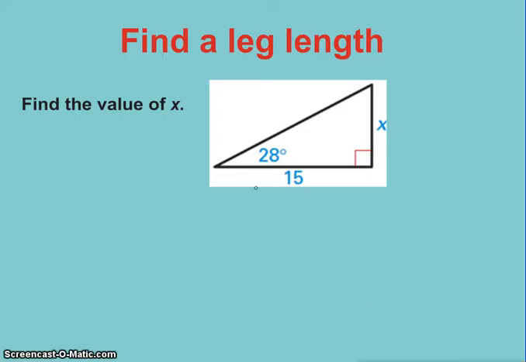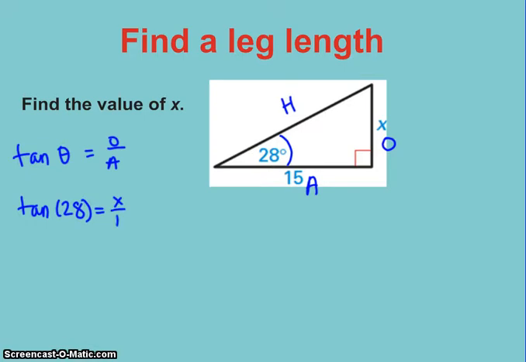Alright, in this problem, we're going to need to use tangent to solve for x. Notice that we do not have the hypotenuse. So from this angle, x is opposite while 15 is adjacent. We don't have the hypotenuse, we're not looking for the hypotenuse, so we're going to use tangent. Tangent of theta is opposite over adjacent. So the tangent of the angle, 28, is equal to x over 15.